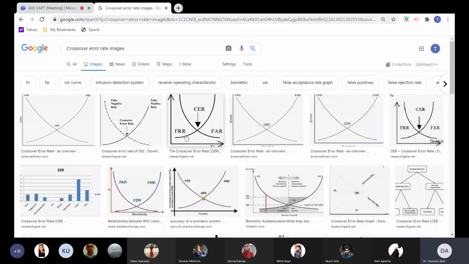You can see that at this particular boundary, these two graphs are crossing each other. So if CER exists somewhere here, where they cross, I can check whether the false rejection rate is more or the false acceptance rate is more.